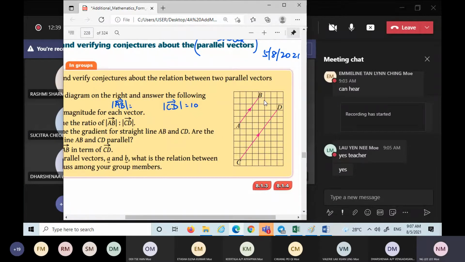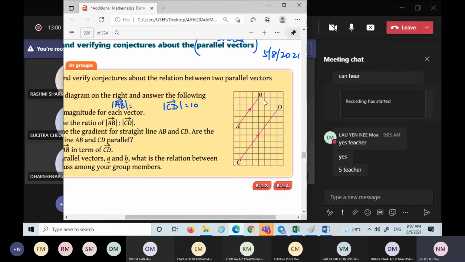Okay, next girl, get ready to answer B. And then next girl, get ready to answer the gradient of AB. And then next girl, get ready to answer the gradient of CD. Okay, so Yenny says the magnitude of AB is 5. Okay, thank you.